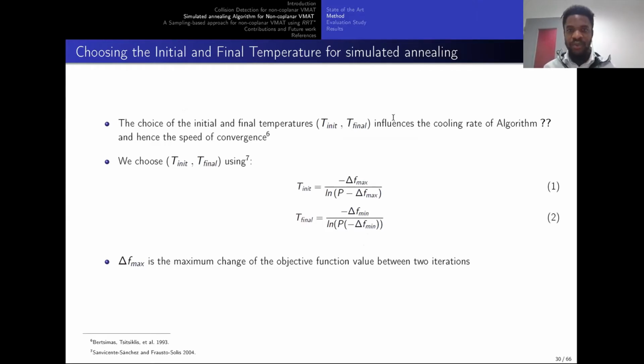So we use the formulation in this equation to select the initial and the final temperature. For example, we use the maximum change in the objective function value between 2 iterations. But at the beginning of the algorithm, you have to calculate this maximum change in objective function value: you calculate the differences for all the different possibilities, and then you take the maximum of the vector. That's for the initial, and then for the final, you do the same when you're looking for the minimum of the vector.